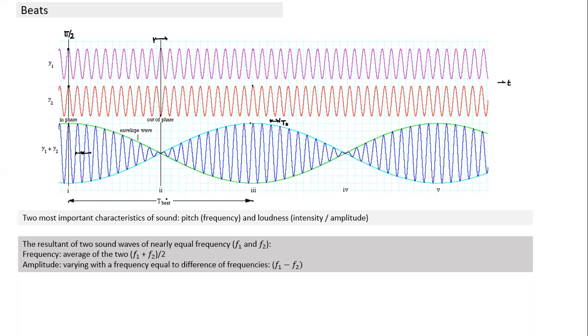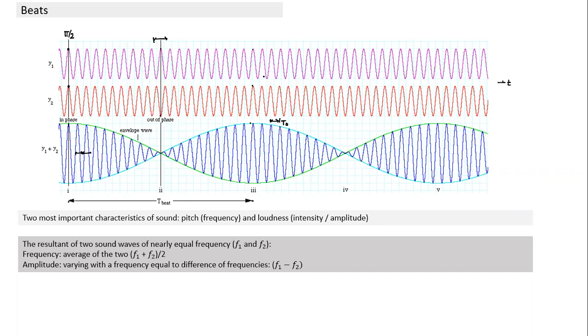The inverse of this time gives you the frequency at which the intensity is varying, which is called beat frequency. How much is beat frequency? Beat frequency, as you've seen before, is equal to the difference in frequency. And what is this frequency equal to? This frequency is the average of the two frequencies.